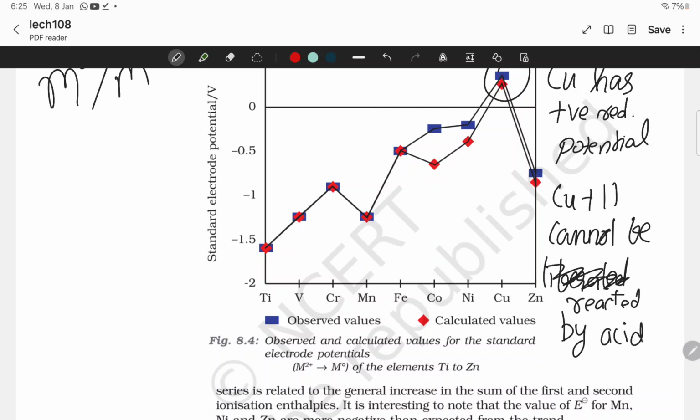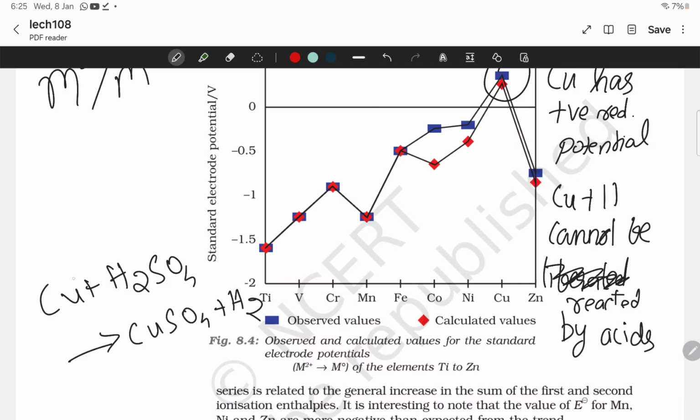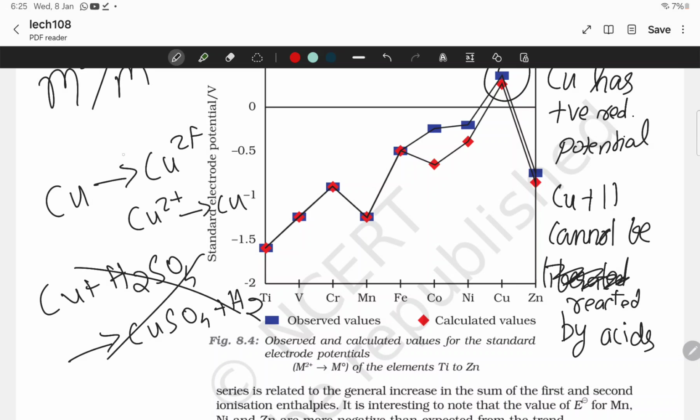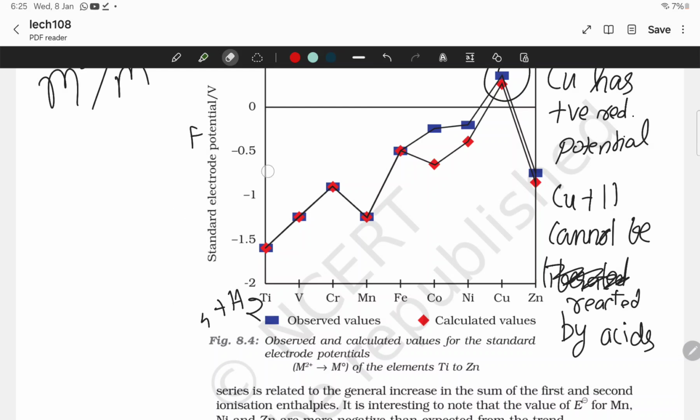If I am adding copper to H2SO4, we would prefer getting CuSO4 plus H2, but this never happens. Why? Because Cu will never become Cu2+. Only the opposite happens. This is not possible, only this is possible. And that's because of the positive electrode potential of copper.